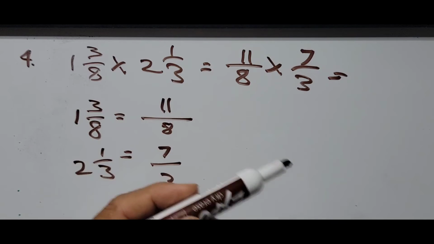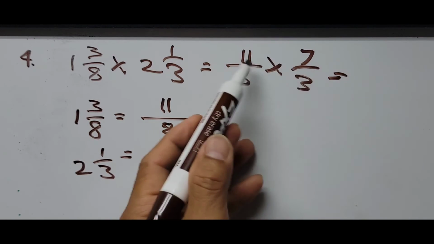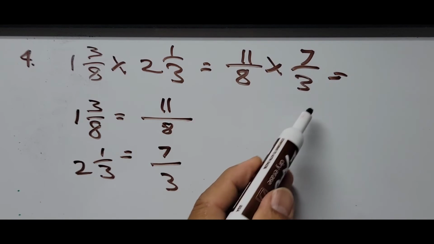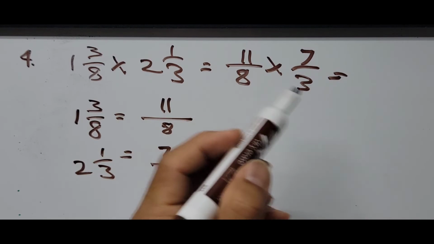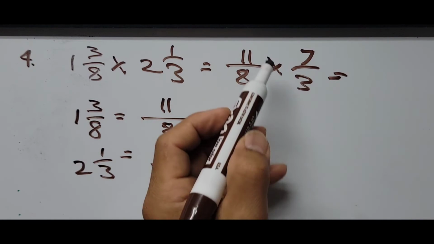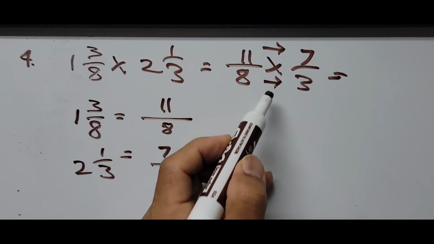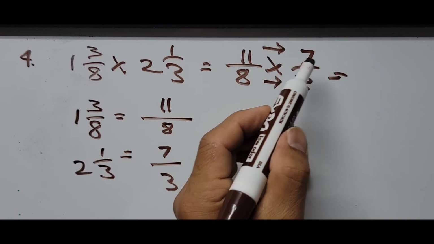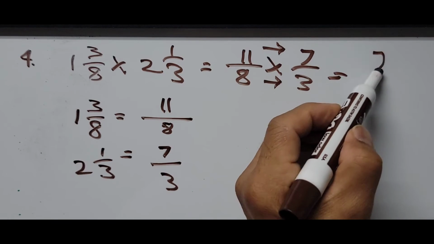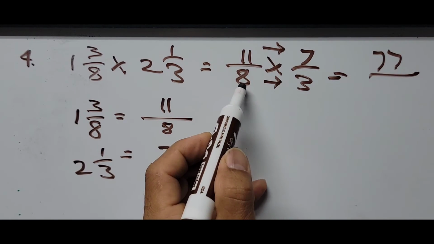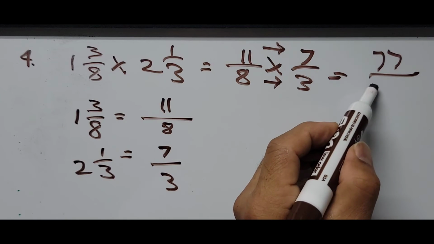Okay, can we cancel any of these factors of these numbers? We don't see anything, right? So all we have to do is multiply them. Multiply the numerator and multiply the denominator. Okay, so 11 times 7 is 77, divided by 8 times 3 is 24.